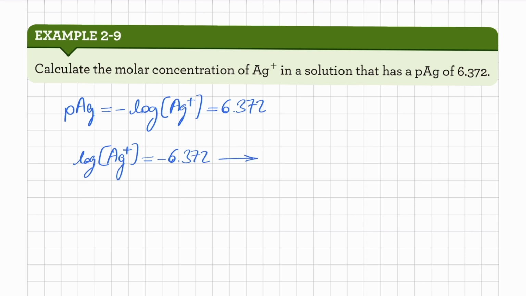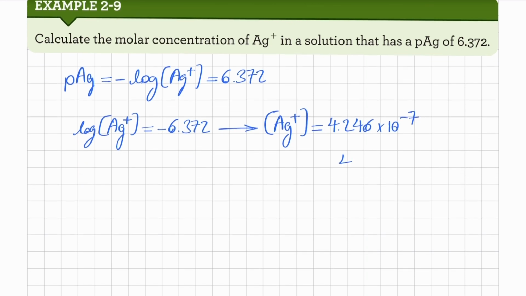From here, the concentration of silver ion can easily be calculated, which is 4.246 times 10 to the power of minus 7, or we can say 4.25 times 10 to the power of minus 7.